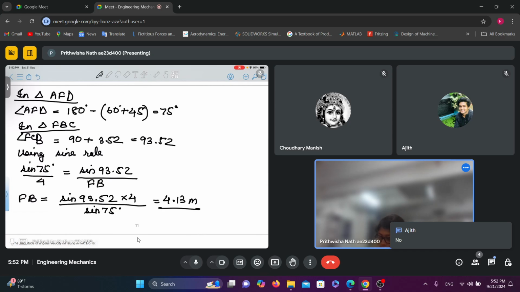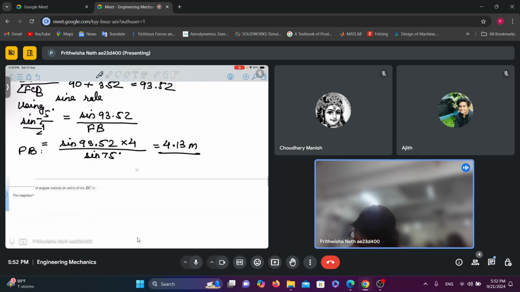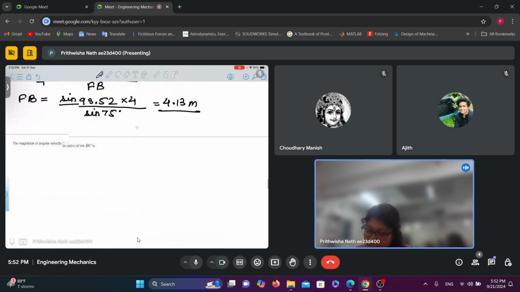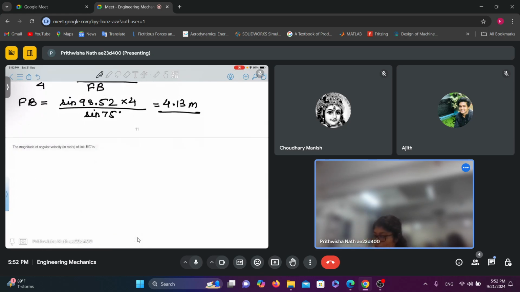Okay. So next, you need to find the magnitude of the angular velocity of the link BC. Can you just find out the angular velocity? Very simple.